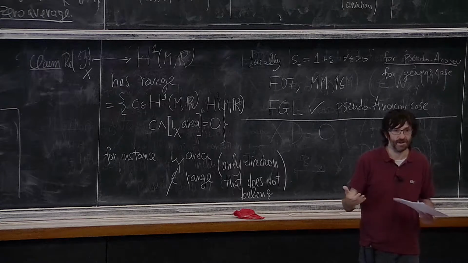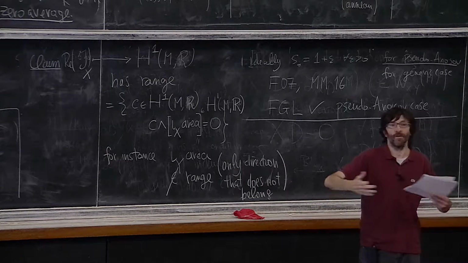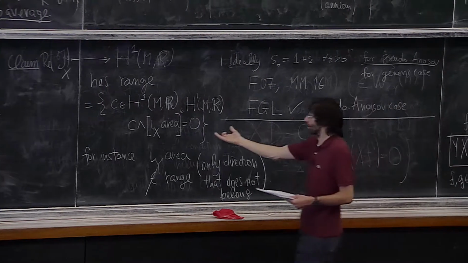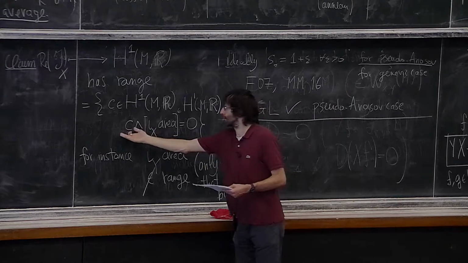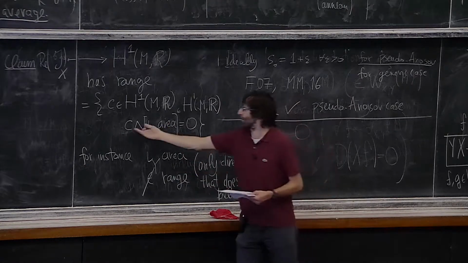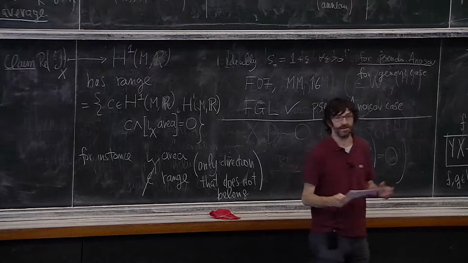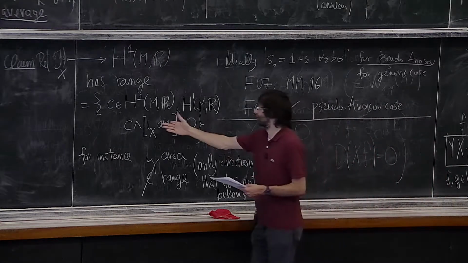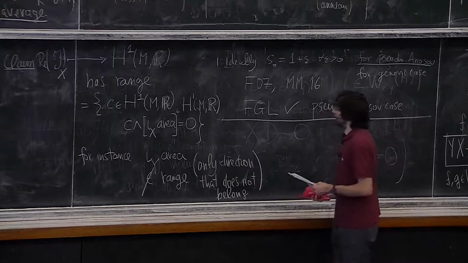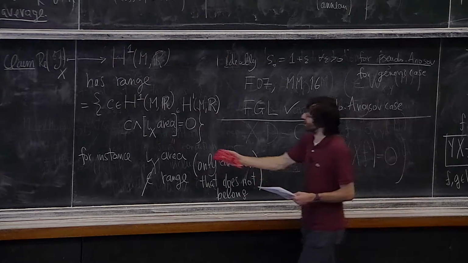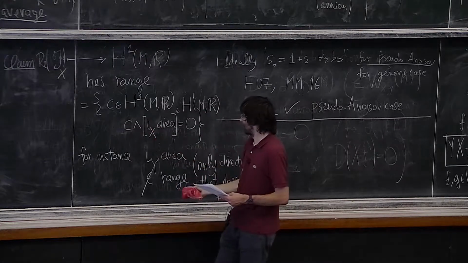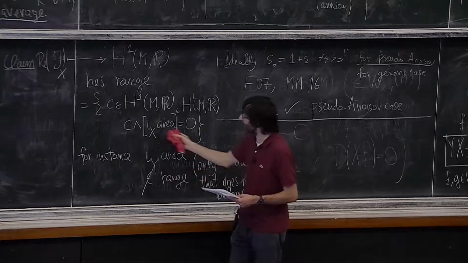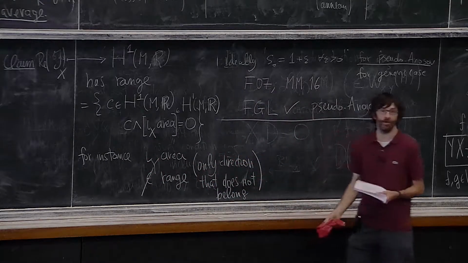It's either the real part or the imaginary part of your holomorphic differential. It's a closed form. It has a cohomology class, and there is a pairing. This is just the usual pairing of cohomology classes, the symplectic form, and this condition is like saying that if we look at the form corresponding to the other direction, then that's not going to be in the range.